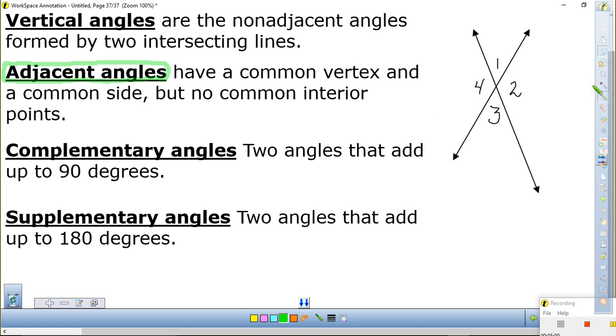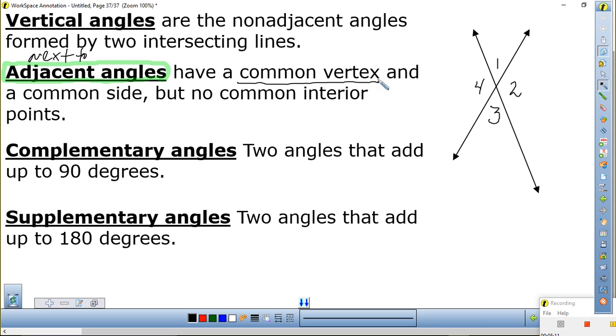Once again, the word adjacent means next to. According to the definition, adjacent angles share a common vertex. Do we know what a vertex is? Yes. And they share a common side. So adjacent angles, I'm going to say, are angle 1 and angle 2. Angle 1 and angle 2 share the vertex and share this side. Does everybody see that? Okay?